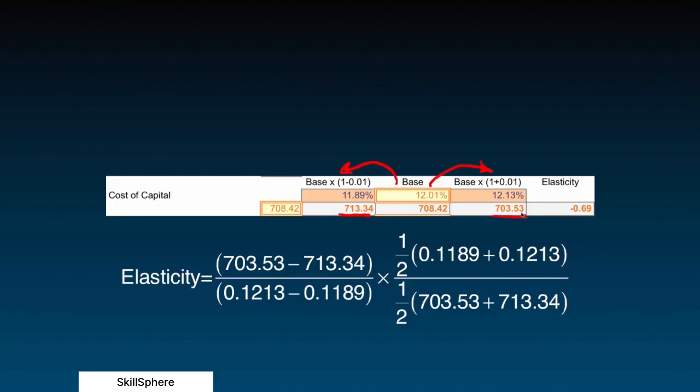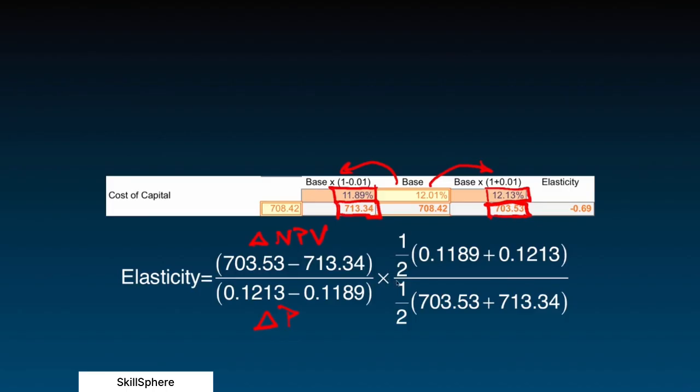So to estimate the elasticity of the NPV with respect to the cost of capital, I've simply looked at delta NPV over delta parameter, the delta in the cost of capital. So I've taken 703.53 minus 713.34, and I've divided that by the difference of 12.13 minus 11.89.